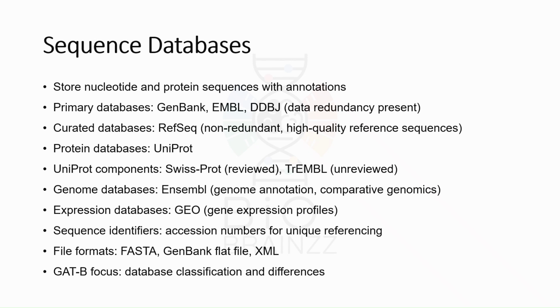In protein databases, UniProt is also very important, which has two parts: SwissProt, reviewed, and TrEMBL, unreviewed. Other databases like ENSEMBL are used for genome information, and GEO is used for gene expression data. Always remember, the accession number is used to uniquely identify sequences.